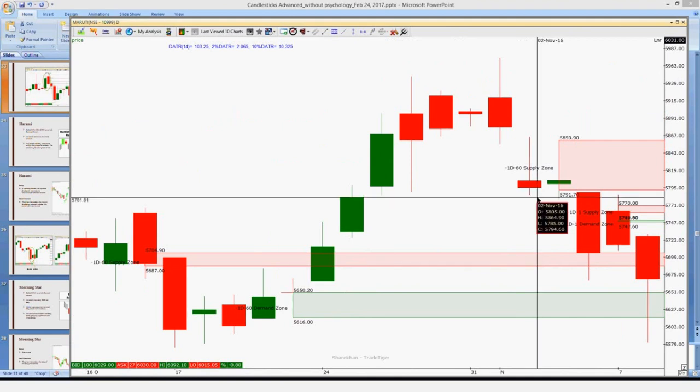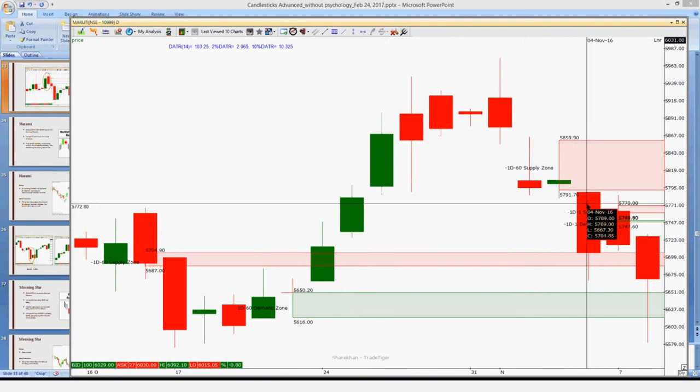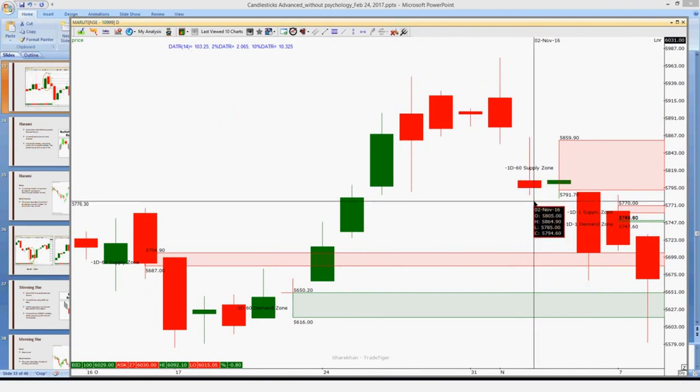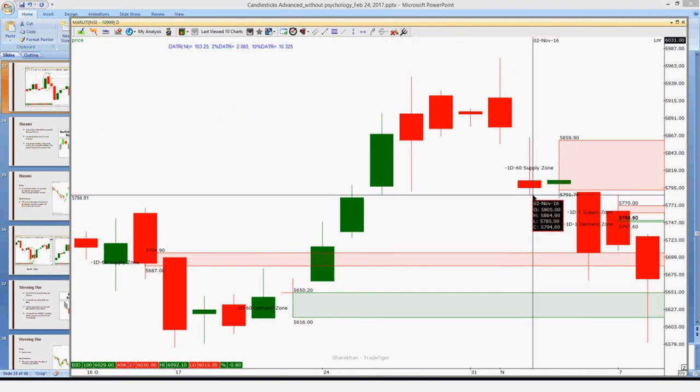But is this drop base drop, like this is the 4th November candle, worth taking a trade in? Because is it engulfing any zone on this time frame? Is it engulfing anything? No, right? Neither the support is engulfed nor the zone is engulfed.